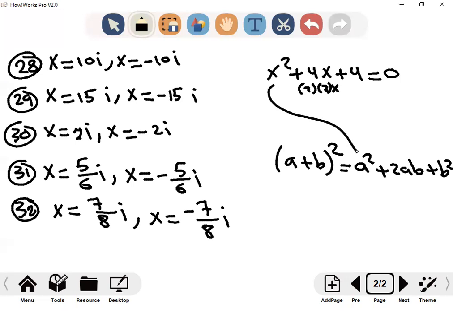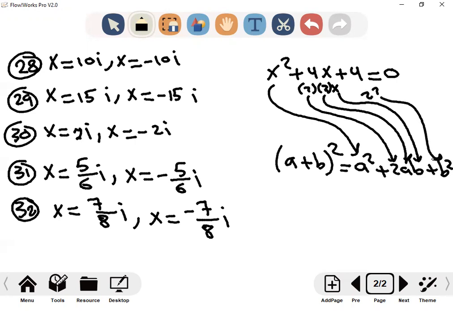So a power 2 is x power 2. The first 2 is 2, and the other is a and x, b, whatever. The 4 is 2 power 2, which is b power 2. So you can factor it by this bracket. And as I told you, find two numbers that multiply to 4 and add to 4.